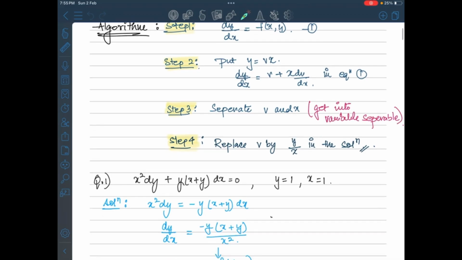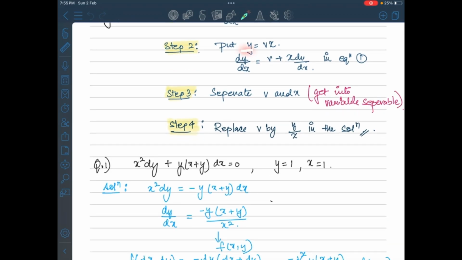Now next, after substituting y this and dy by dx this, you will not change anything else. Again I am repeating, y should be changed with vx and dy by dx should be changed with v plus x dv by dx. Then your equation should get converted to variable separable.